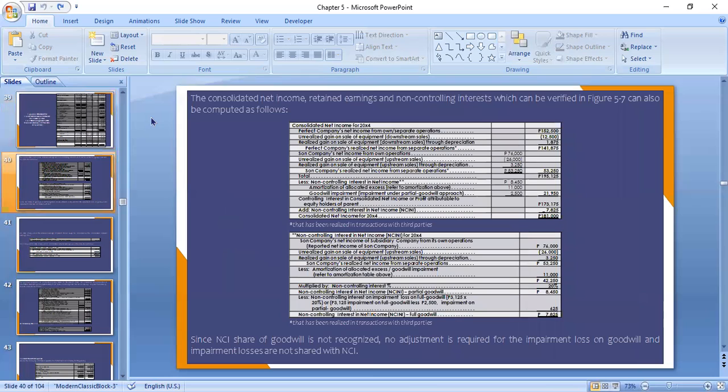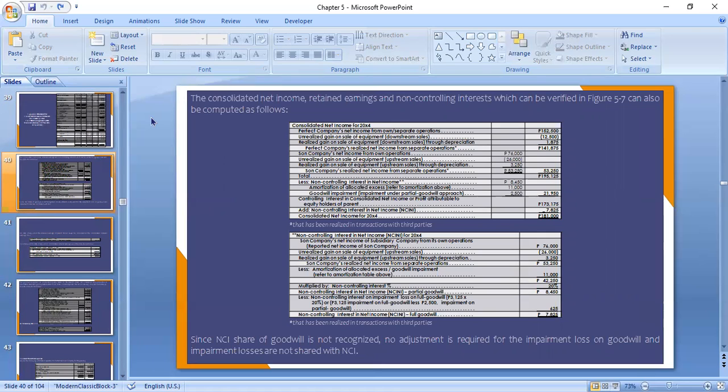So we have now the consolidated net income, retained earnings, and controlling interest, which can be verified in figure 5-7, and can also be computed as follows.